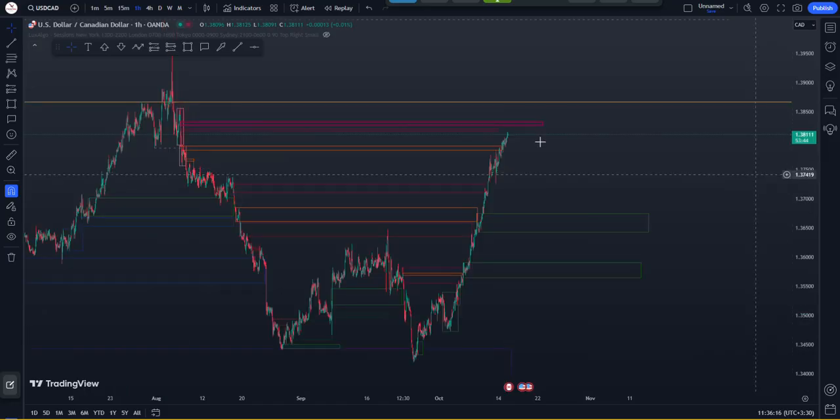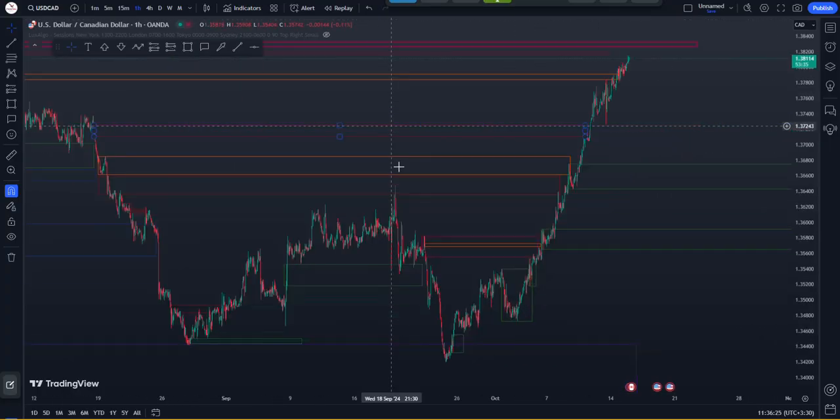So this one is my interest area for short, and these two are my interest areas for long.